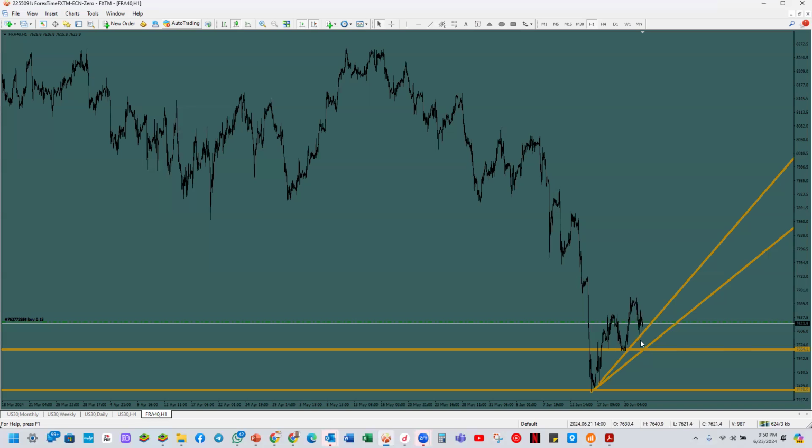When the market comes back to this trend line, I expect a reaction. Two things can happen. The trend line will bounce the market back, or the market will break the trend line, and if it breaks, it will move to the next trend line.